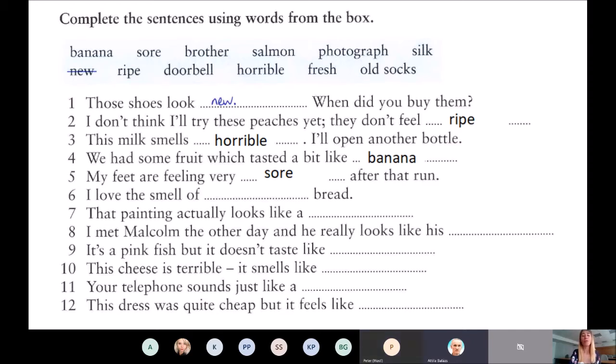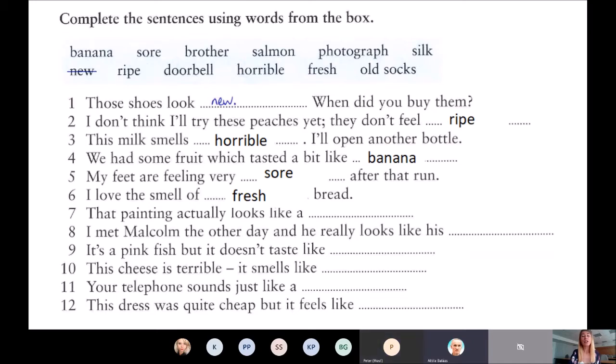I love the smell of what kind of bread? Fresh bread. Very good. Let's look at the number 7 sentence. Please mute your phone mics, please. Okay.